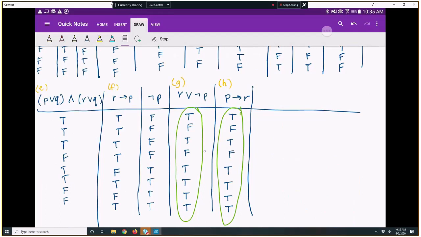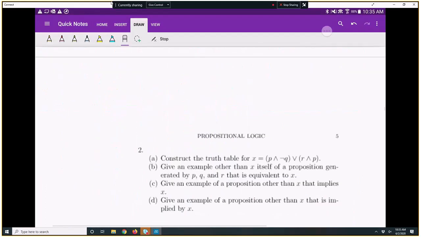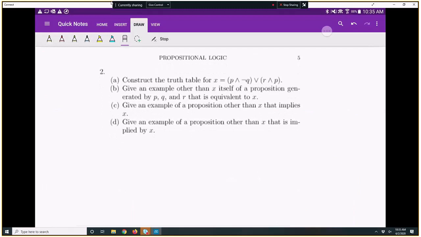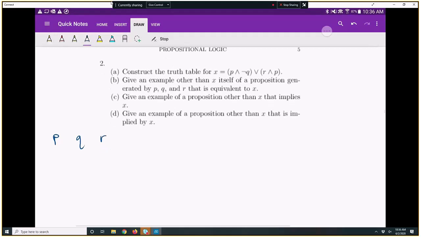All right. Let's look at the next example. In the next example, we're asked to construct a truth table for P and not Q, or R and P. So as before, I'm going to start with P, Q, and R, the first three columns.